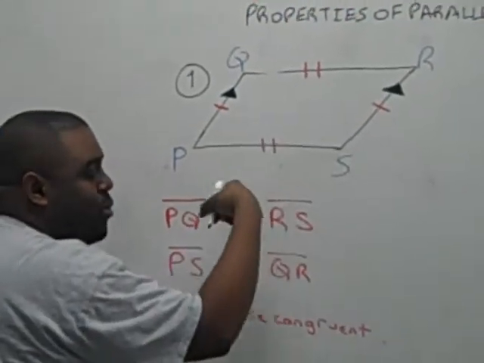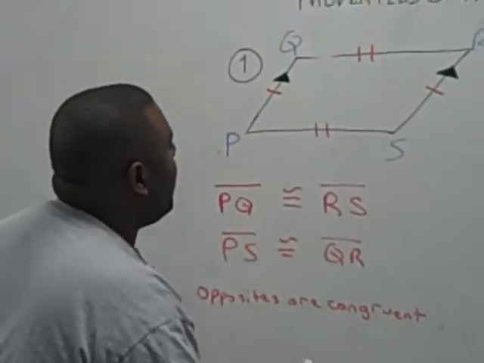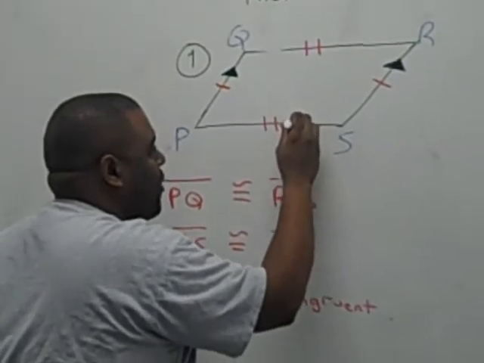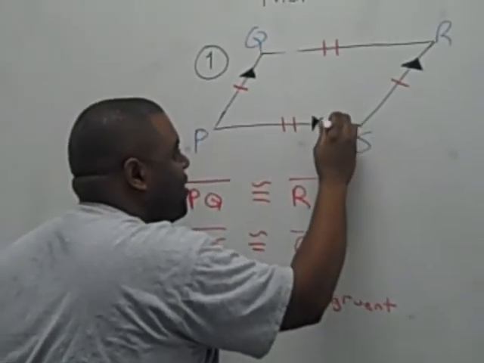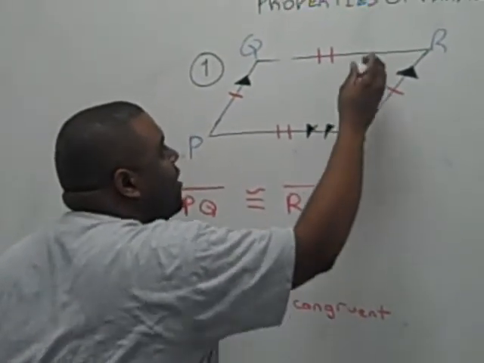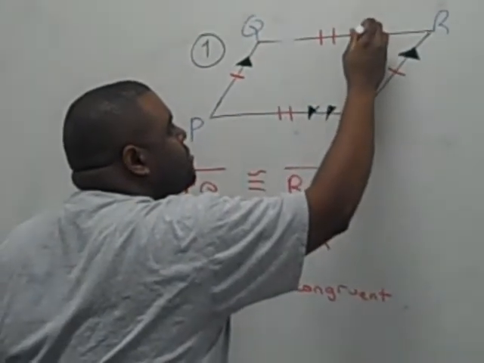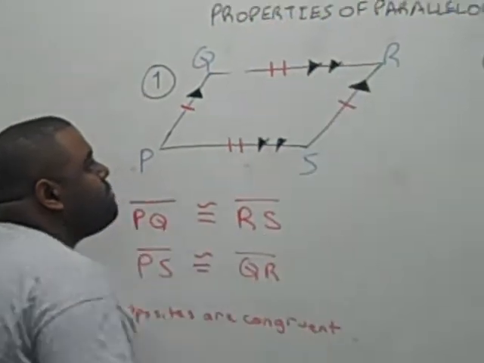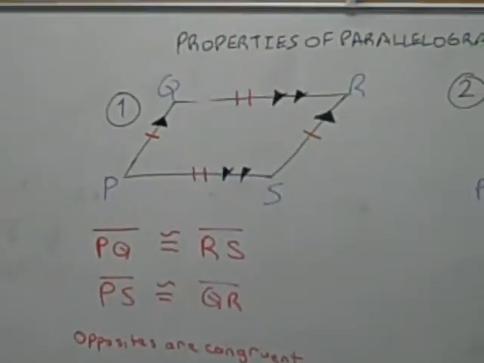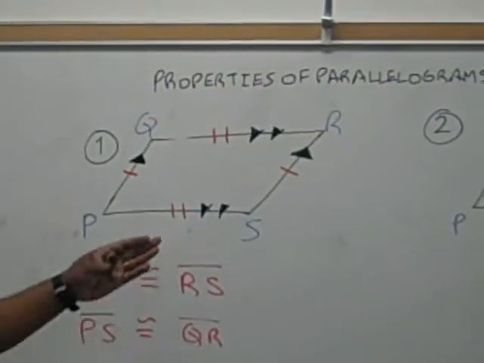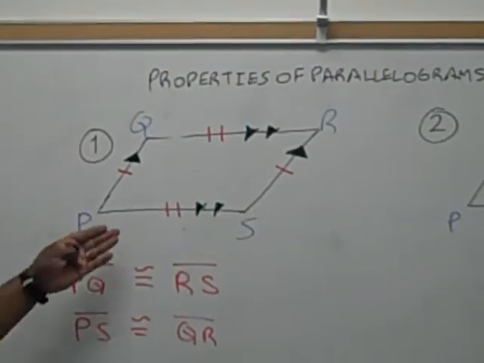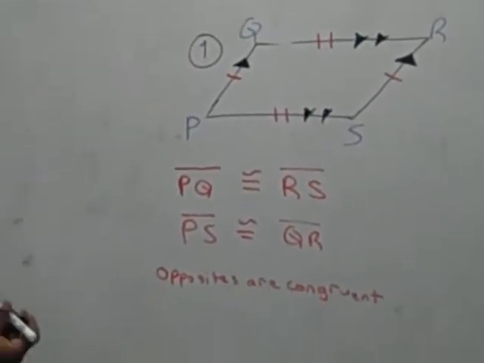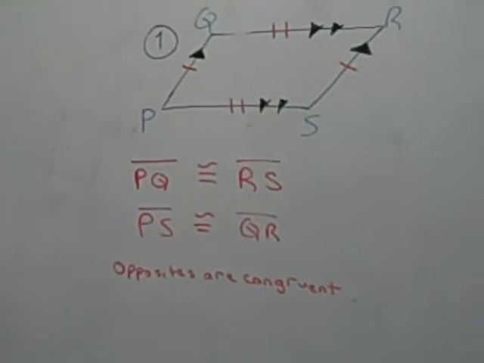Now, since I made one mark here on these two segments, then I need to make two marks, just like I did when I was showing congruence on this other pair of sides. So I'm going to put that right there and right there. So that's what you have to remember, that each pair of sides here are both parallel and congruent.